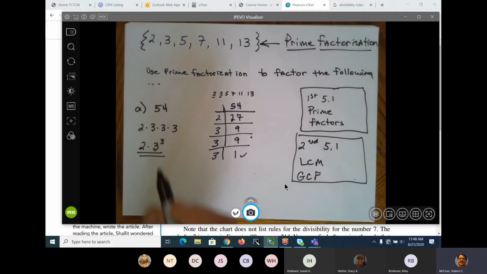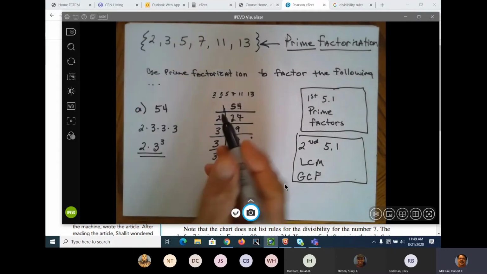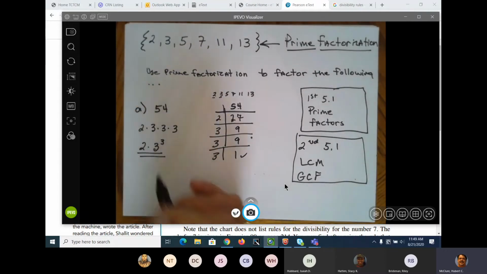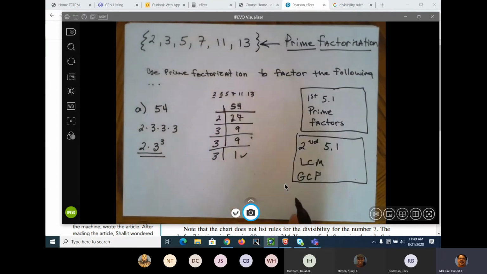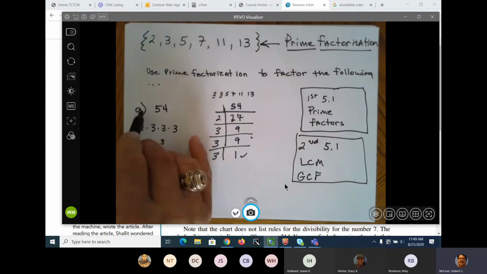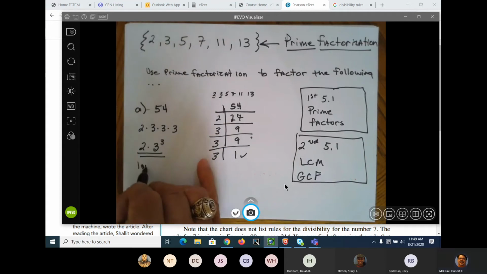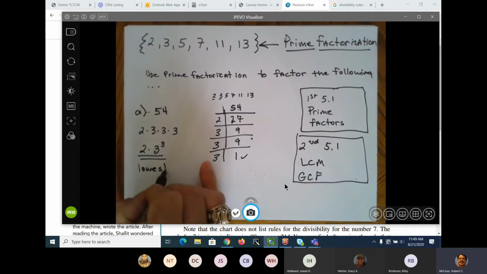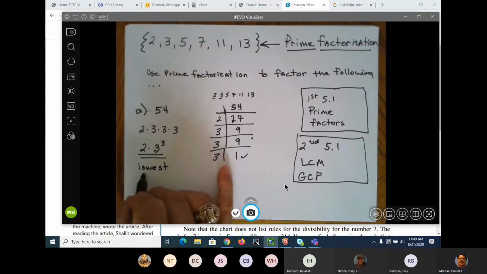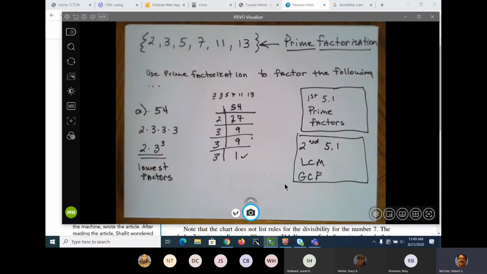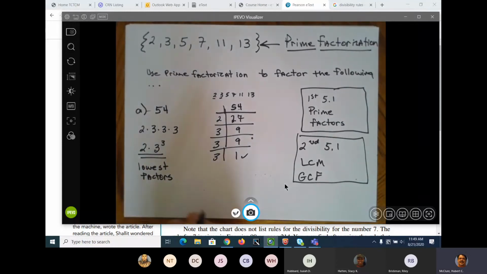So how to do 54 is 2 times 3 to the 3rd power. I have just used prime factorization to get this down to its lowest factors. I don't care about 6 times 4 because that's not prime.